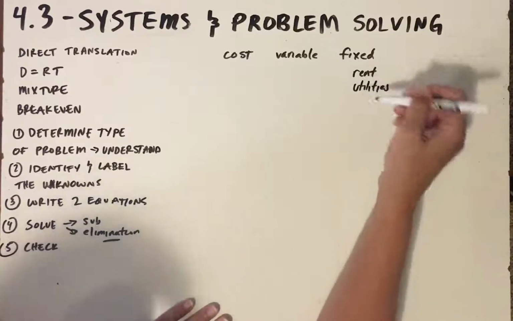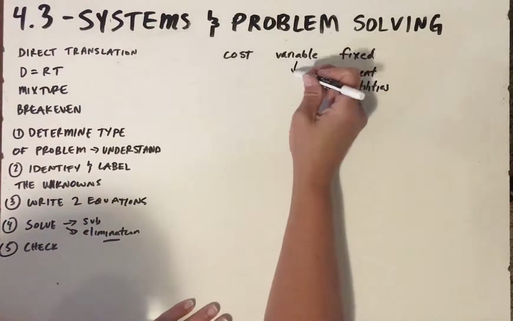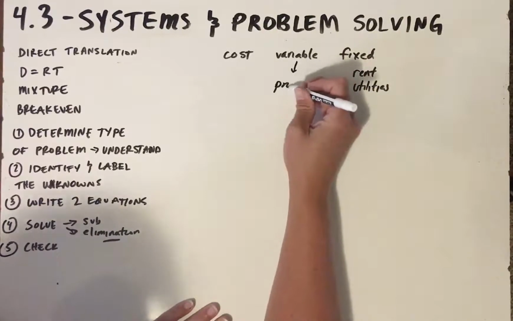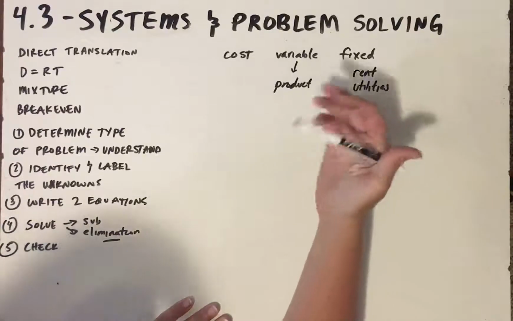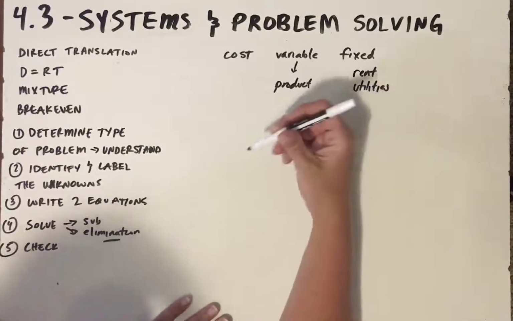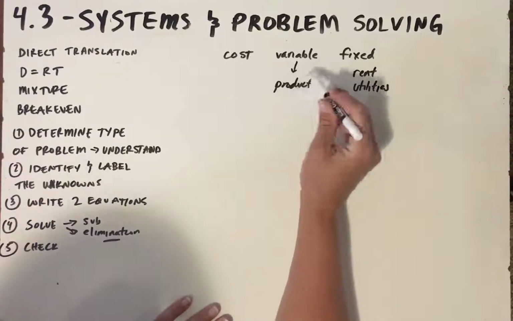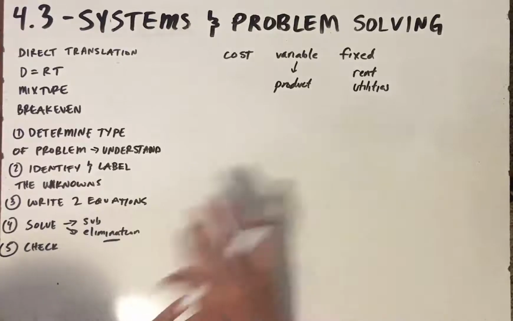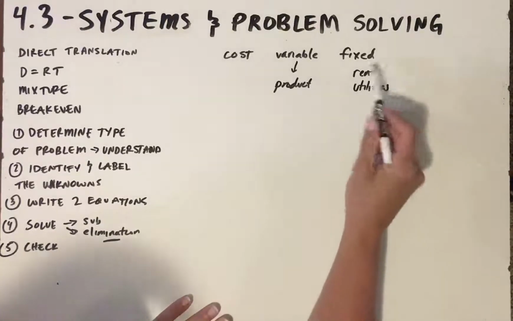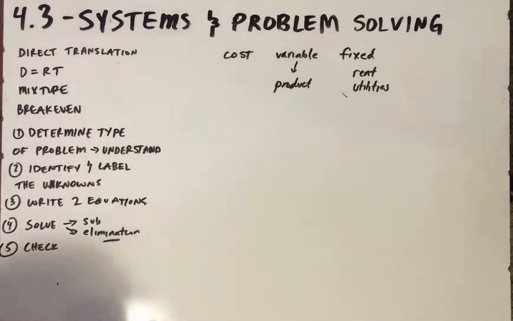These are costs that I can't change no matter how much I produce of anything. Variable costs are directly associated with the product that I produce. So if I'm going to produce bikes, each bike, the material, the labor for it costs me $50 to make. This cost is variable. It'll change based on how many bikes I make. But no matter how many bikes I make, I still have to pay rent for the facility that I'm using. So there's fixed and variable costs.